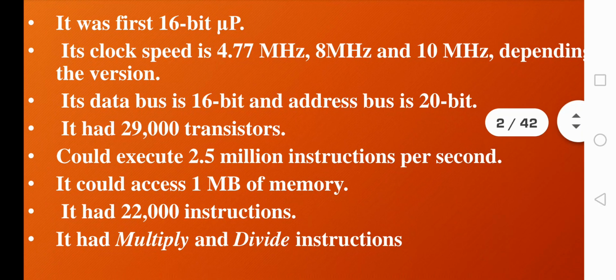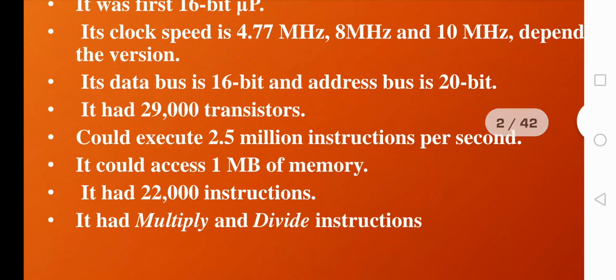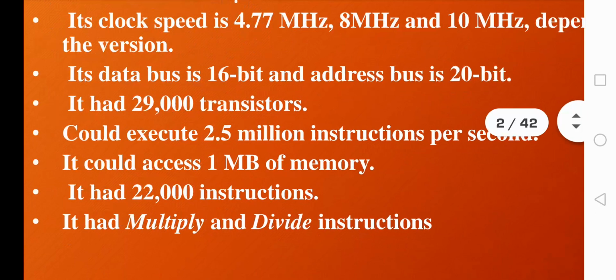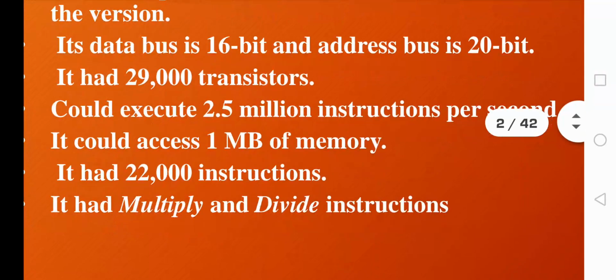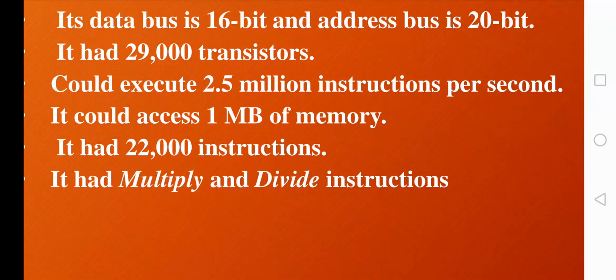Next, I told you that microprocessors are fabricated with a large number of transistors and other basic electronic components, designed in the form of an IC chip. The 8086 processor is fabricated with 29,000 transistors, and it is able to execute 2.5 million instructions per second.